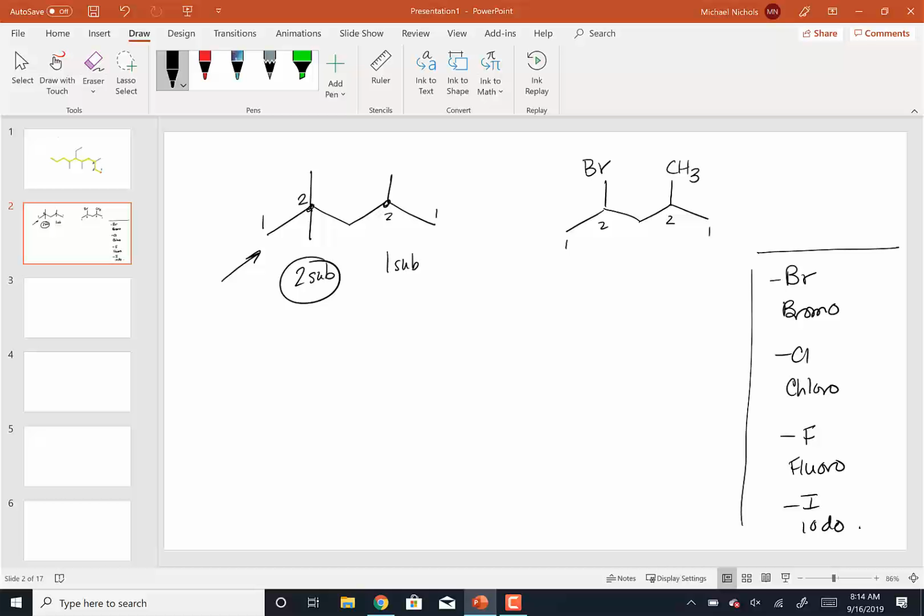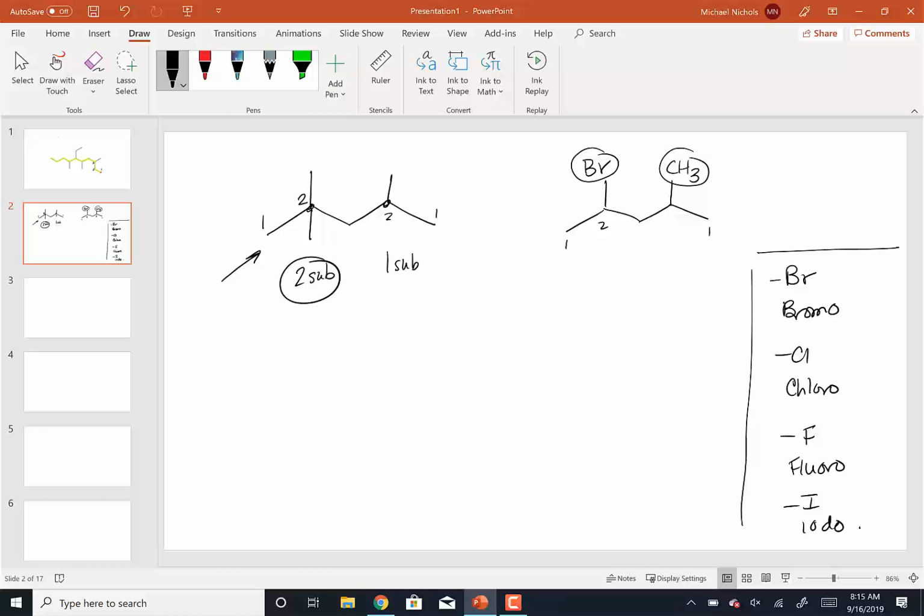Okay. So I noticed that in the book they didn't start with halogens. I like to start with halogens, quite honestly, because it gives me a greater number of problems I can work with. And these are relatively straightforward. And they're alphabetized on their first letter. So in this case, if I've got a bromo at 2 versus a methyl at 2, bromo wins.